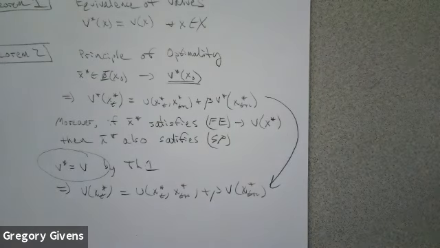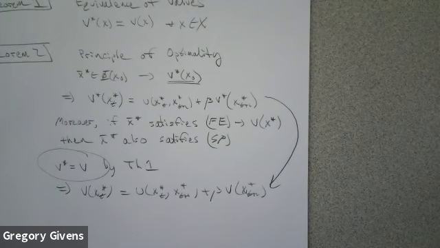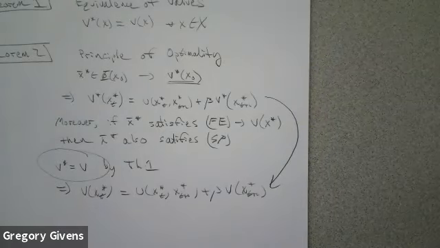If you're faced with a sequence problem that is difficult to solve, you can transform it into a Bellman equation, and the solutions you get out of that Bellman equation will necessarily be the same solutions that you get from the sequence problem. You're not going to risk excluding any possible solutions to the sequence problem by solving the Bellman equation instead. We've basically established here through these two theorems the equivalence of the two problems.